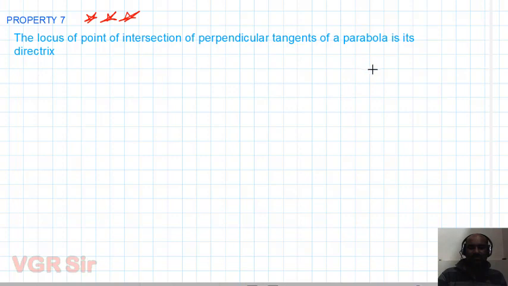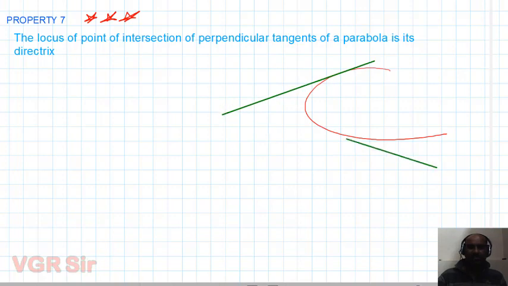Okay, this is the parabola. Yeah, this is one tangent, this is another tangent, so they are perpendicular to one another. That is an interesting thing, they are perpendicular. So this is t1, say this is t2.